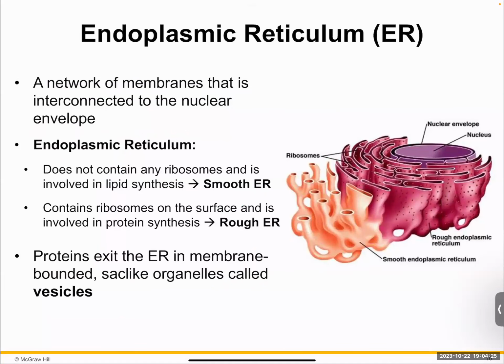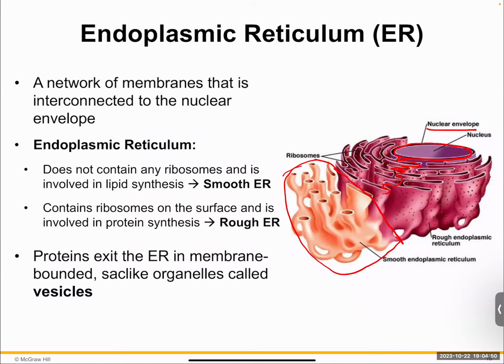What else do we have in the cell? So if you take a look at this picture, here is your nucleus, and the red line is identifying your nuclear envelope. But if you notice, the nuclear envelope continues in these structures right here, which is drawn in red up to this point, and then in orangish color for this portion.